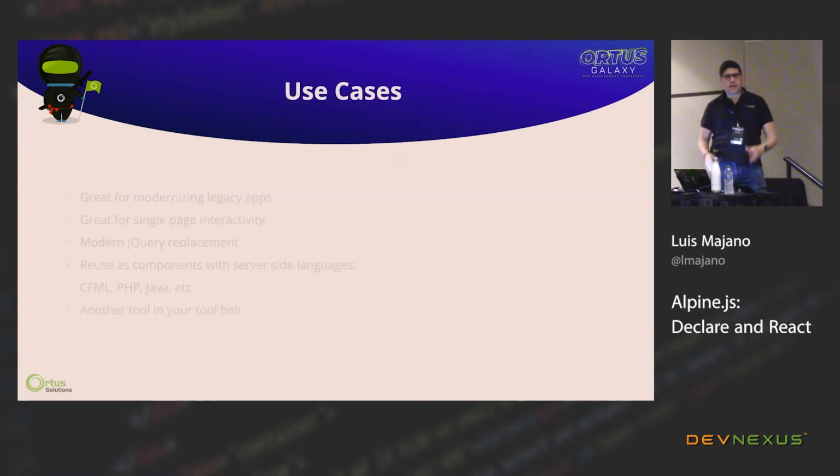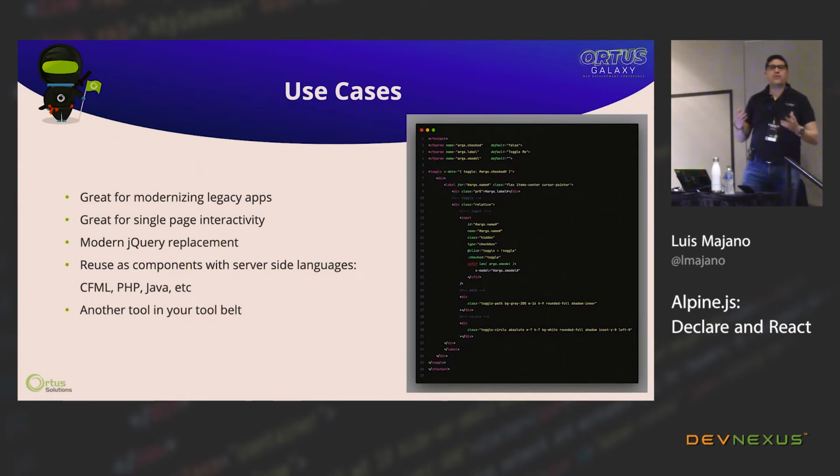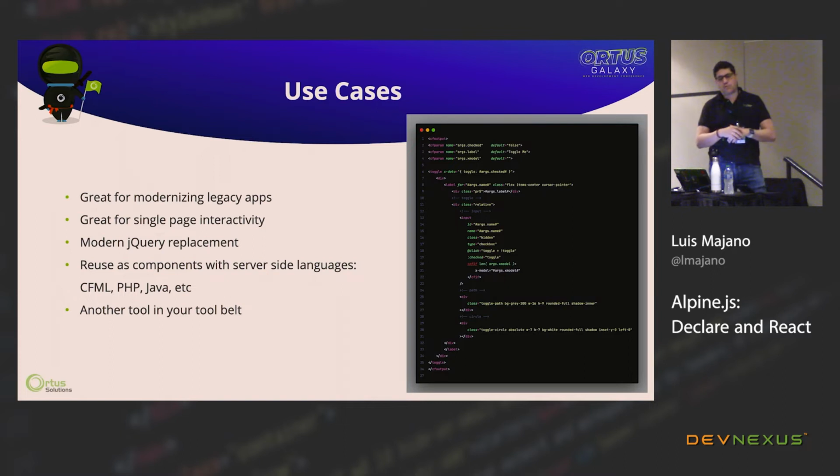And mostly, I wanted to present some use cases of why you would want to use it. This has been great for modernizing legacy apps, okay? Or apps that have good tenure, been written in jQuery, kind of old school JavaScript. It is really great to just plug in and start giving reactivity to things without a build process, or sending them to a full framework like Vue.js or Angular or React, right?